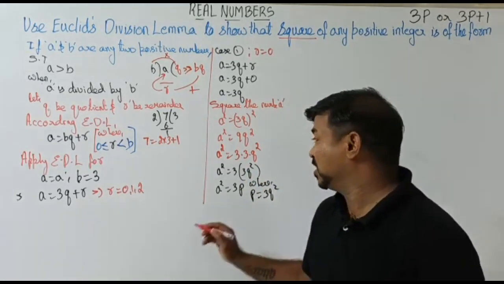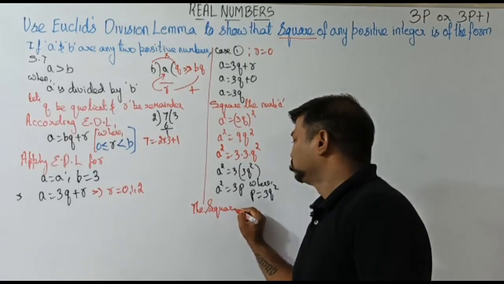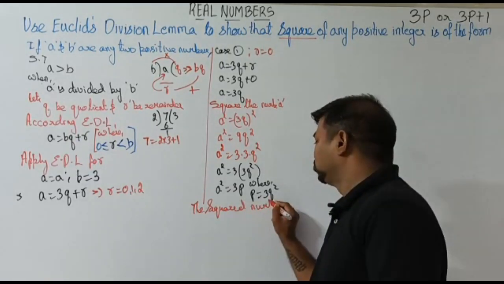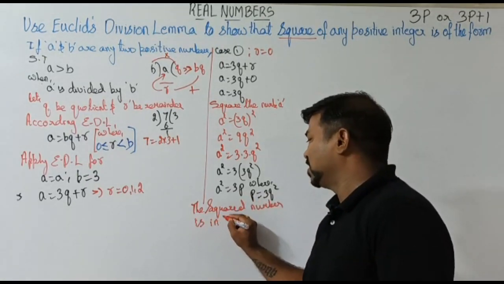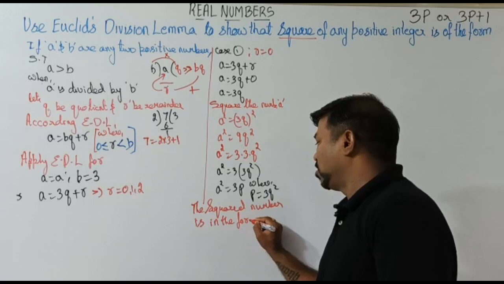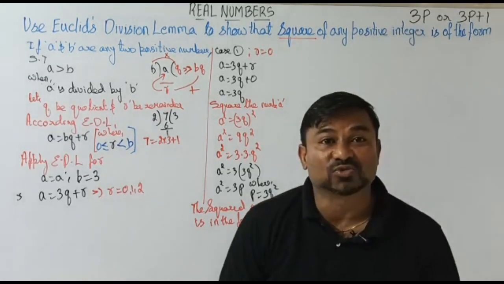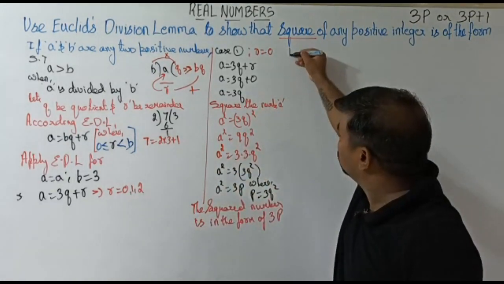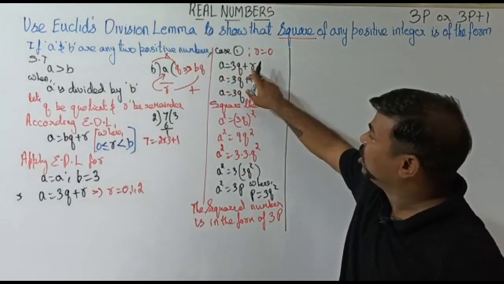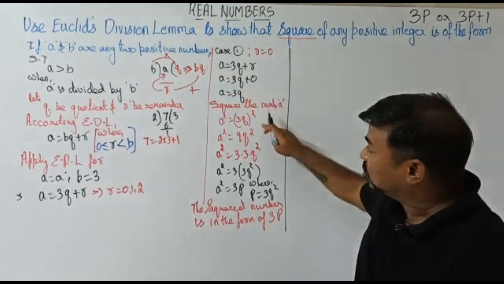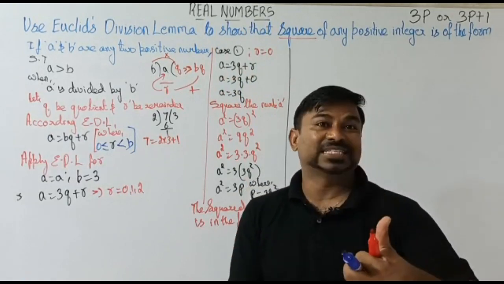So what we have seen is that the squared number is in the form of 3p. Yes, the condition is satisfied. So when r is equal to 0, a is equal to 3q plus 0, squared, I have written in the form of 3p. Case 1, yes, it is satisfied.